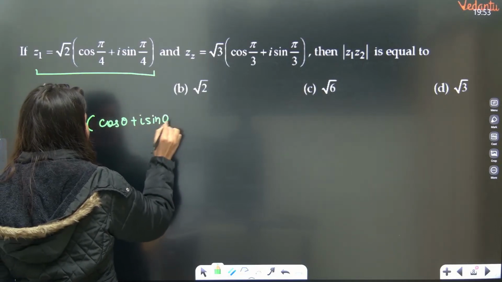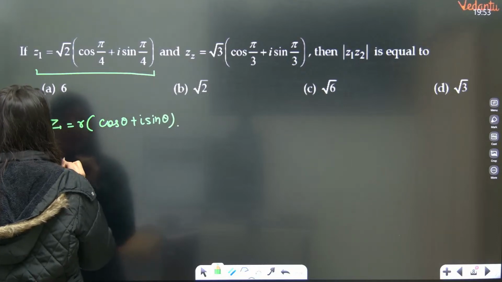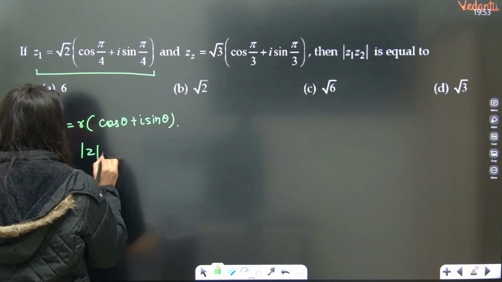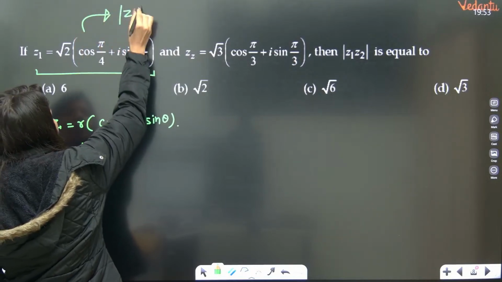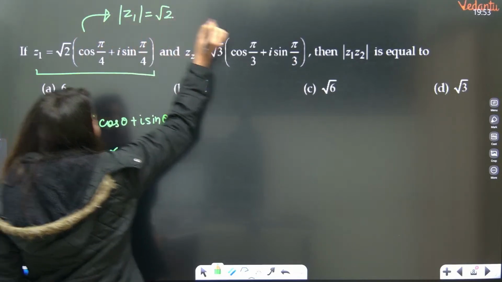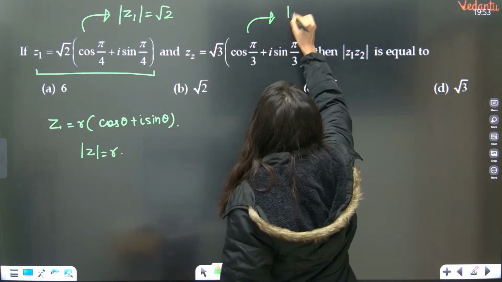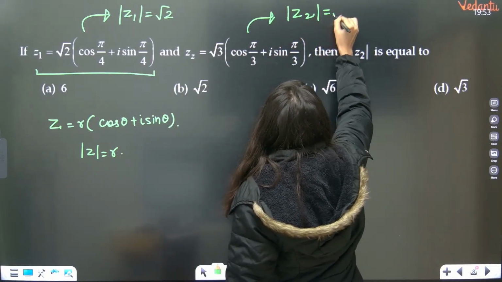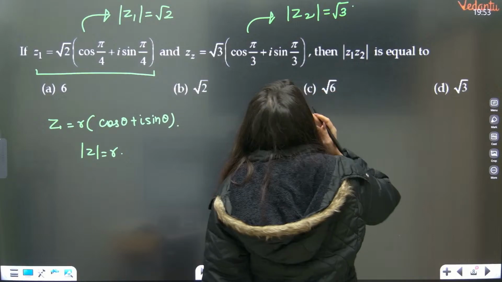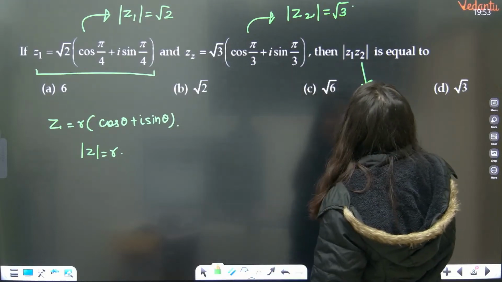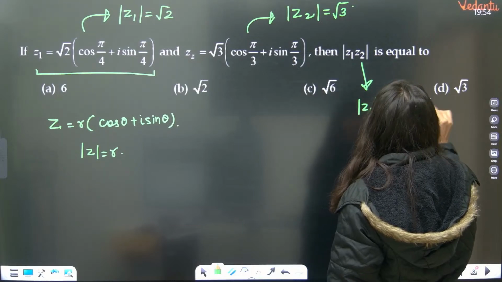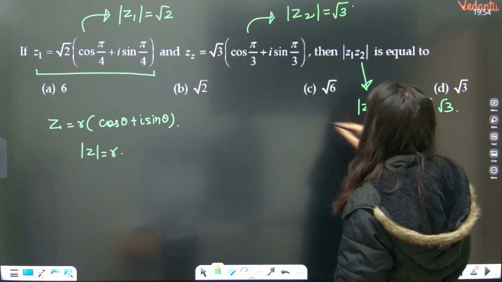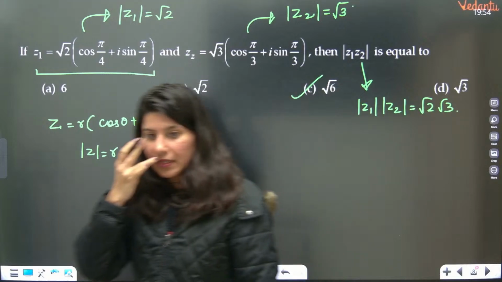Suppose this is your complex number, then mod Z is nothing but R. So from here, mod Z1 is root 2. Similarly, mod Z2 is root 3. So mod Z1 times mod Z2 is equal to root 2 times root 3, and option C, root 6, will be right.